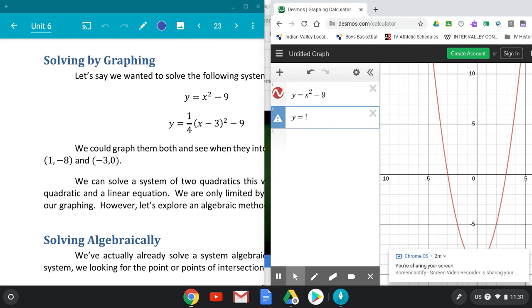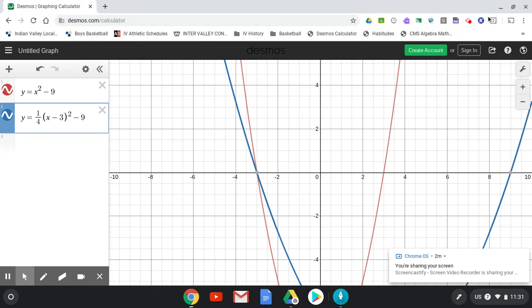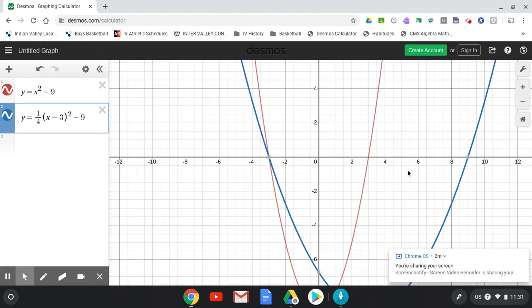It has to be y equals 1/4 (x minus 3) quantity squared minus 9.